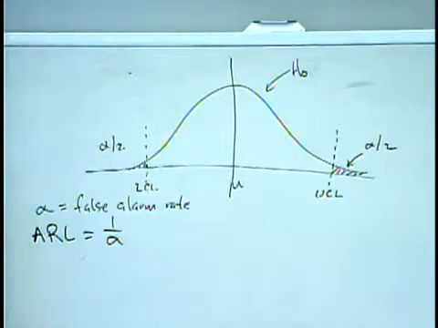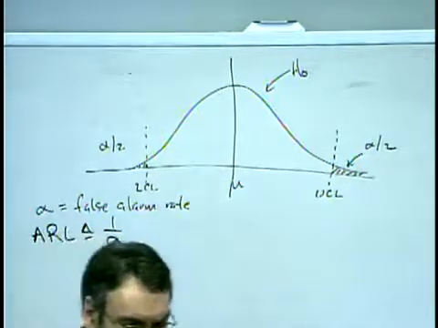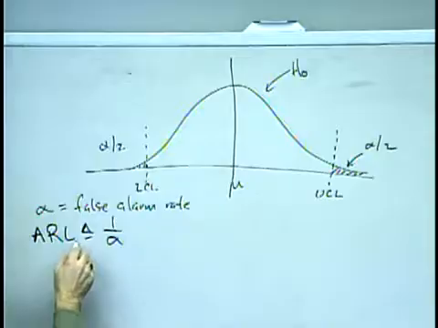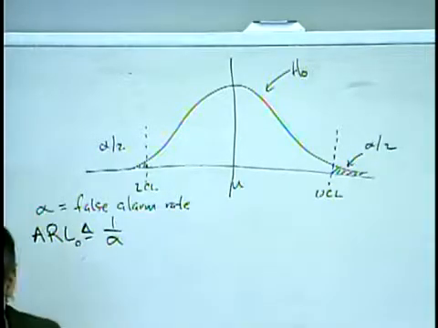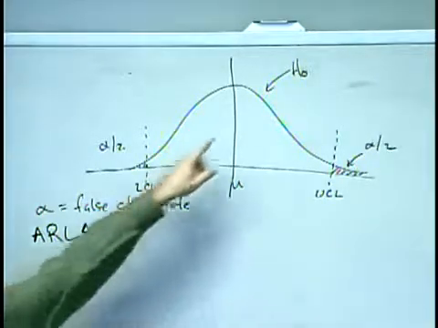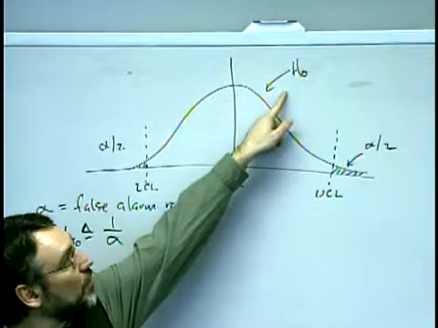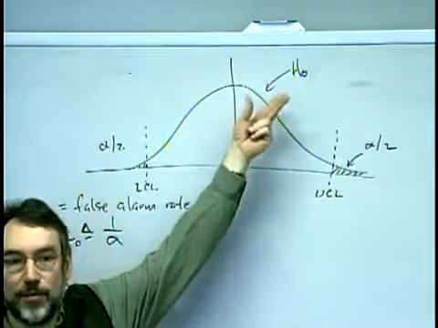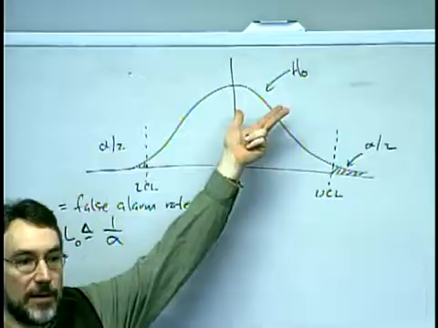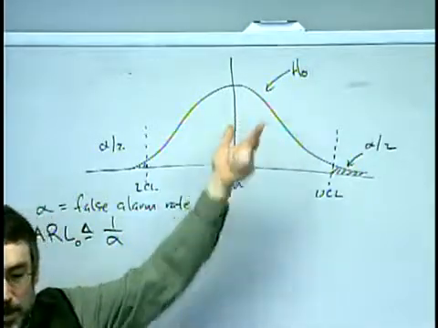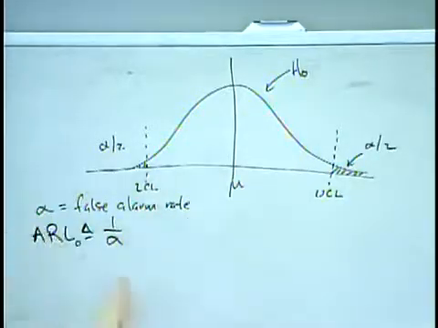So that's the definition of our average run length. And actually, a notation that I like in Montgomery is we'll define this as average run length sub 0. And what that does is remind me that that's the average run length associated with the H naught, the default probability distribution. So that's the alpha part.